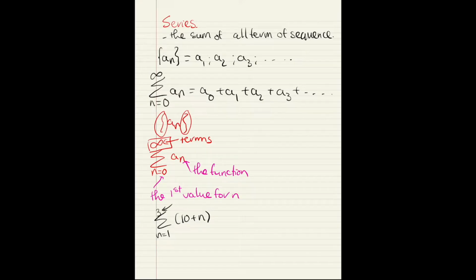So these are the terms, which is a1 plus a2 plus a3. n equal to 1 is just the start value, so 10 plus 1 is 11, so that we have 11 plus 12 plus 13 equal to 36.